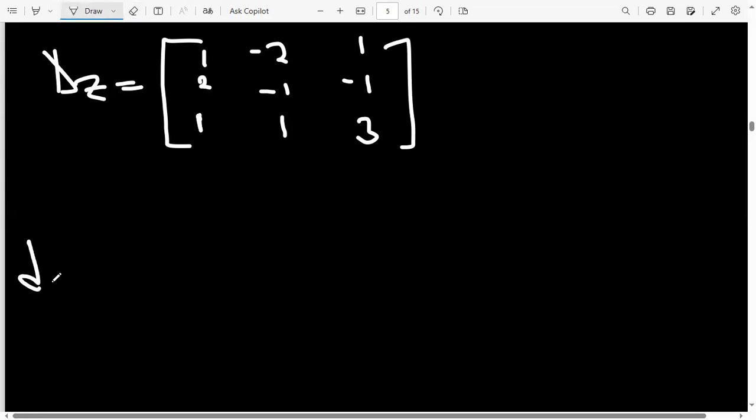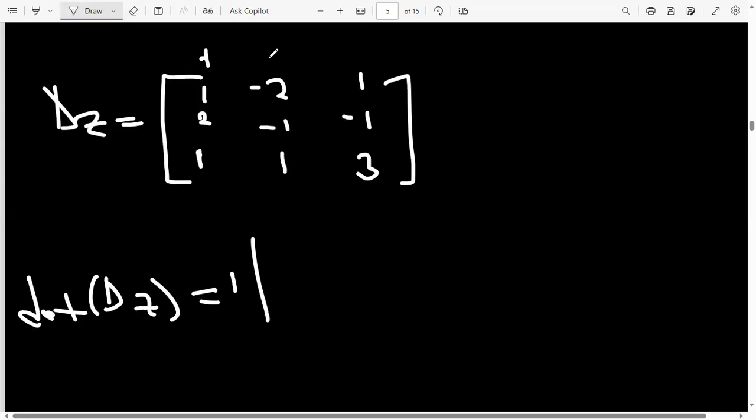So the determinant of dz is equal to 1. Remember we have plus, minus, plus. So we have 1 here. When I cancel this row and this column, what am I going to remain with? -1, -1, 1, 3.